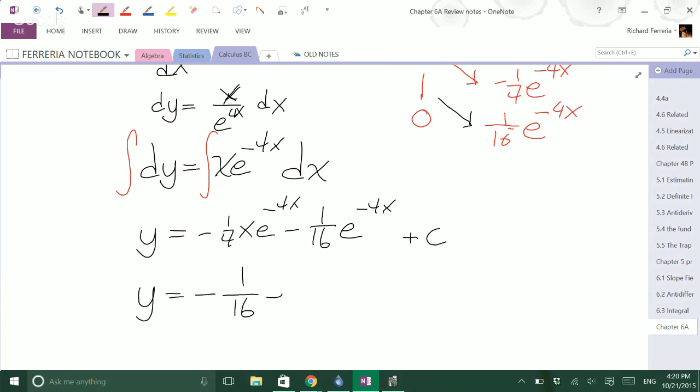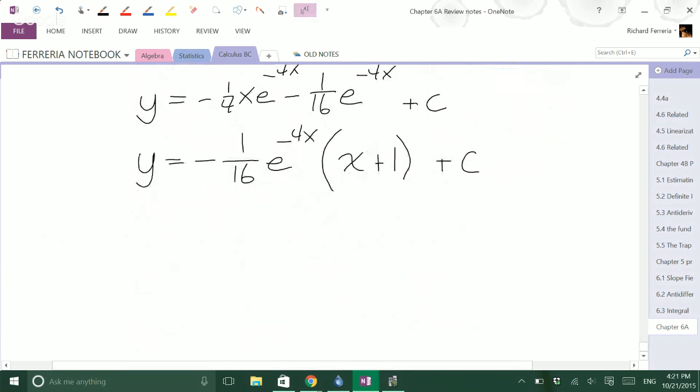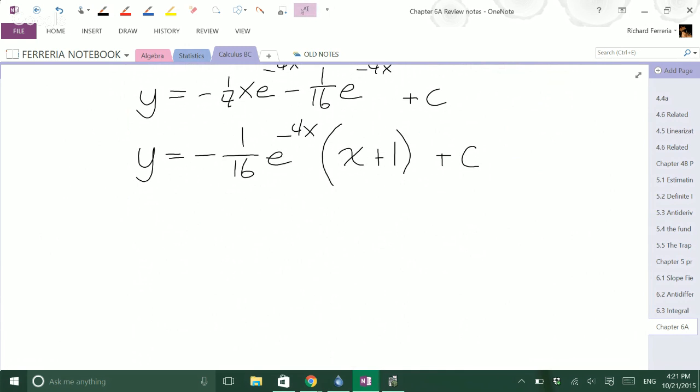Every factor has an e to the negative 4x. Y equals, keep that negative out there.